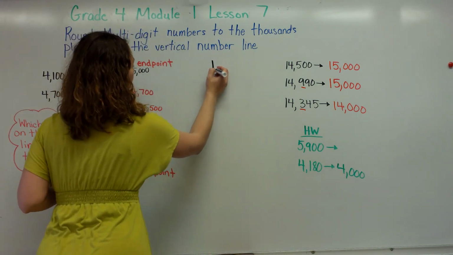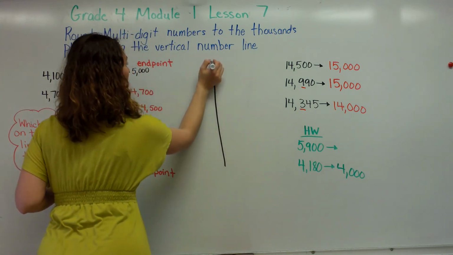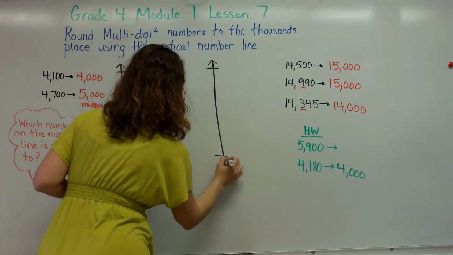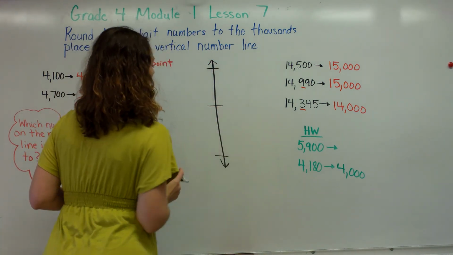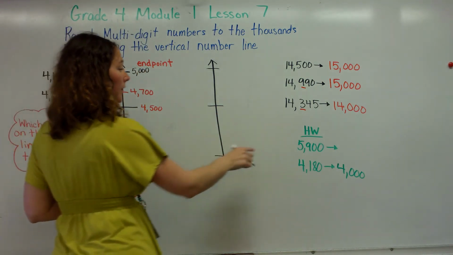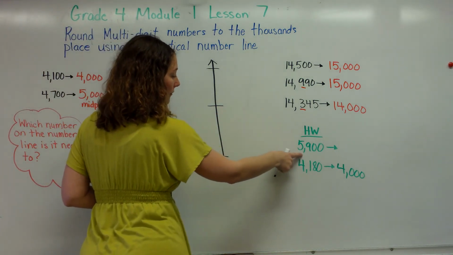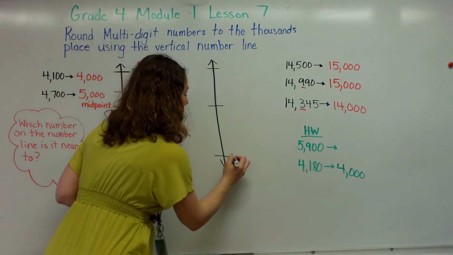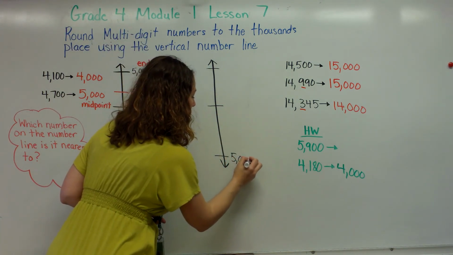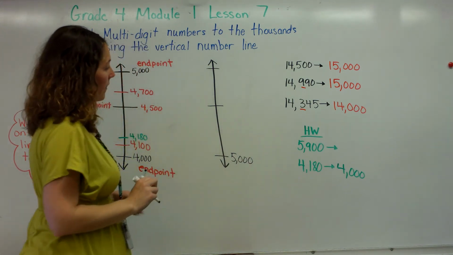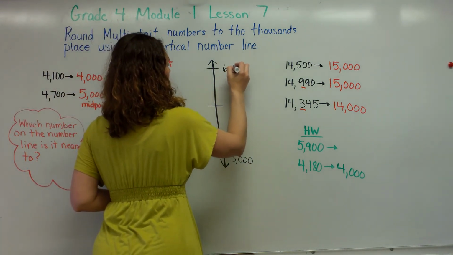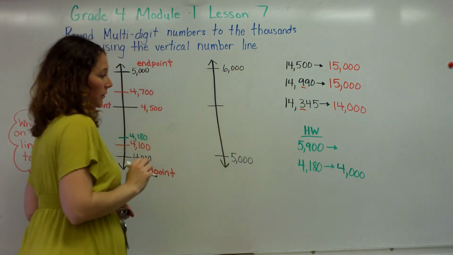So here I have my vertical number line going up and down. I have my two arrows, and then I'm going to mark my two endpoints, and I'm going to mark a midpoint also. Now in 5,900, I have a 5 in the thousands place, so I know that that's going to be my bottom endpoint. So 5,000 is going to be my bottom endpoint, and then 1,000 more than that, which is 6,000, is going to be my top endpoint.